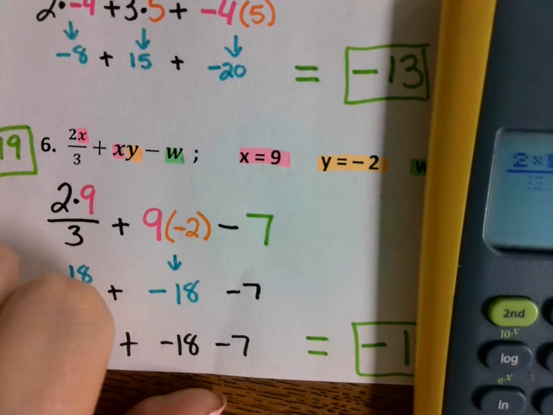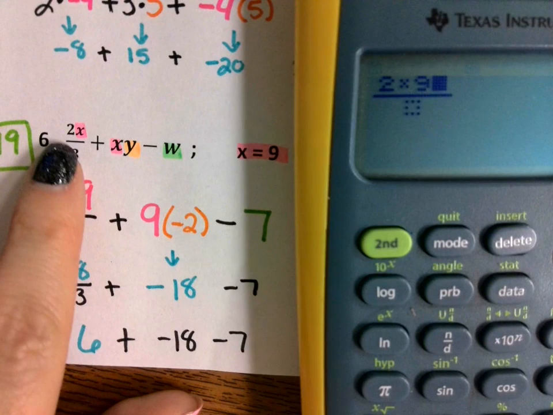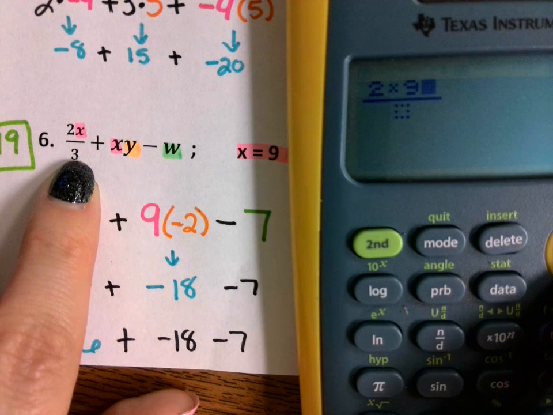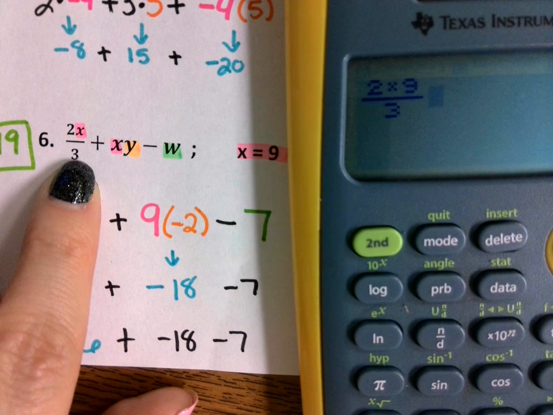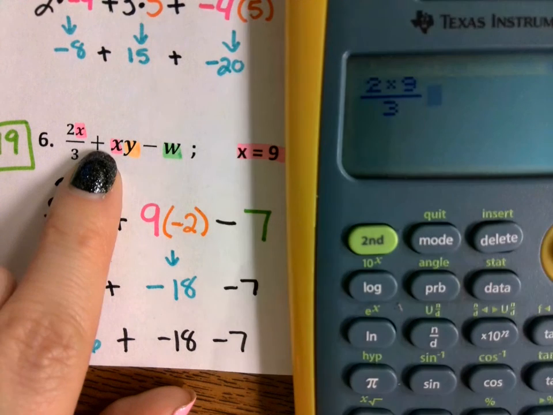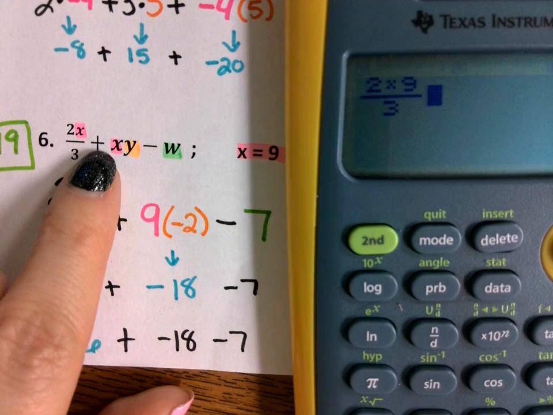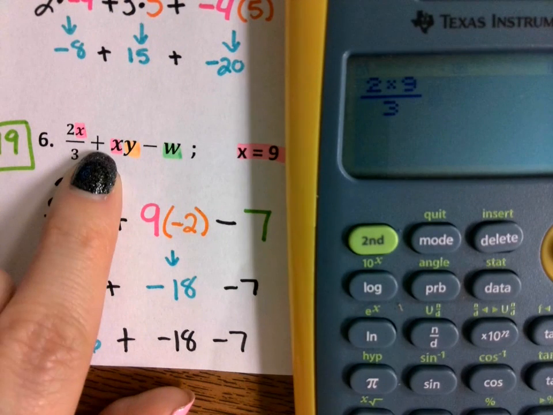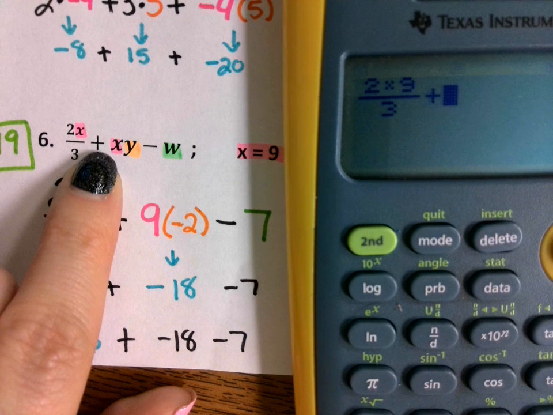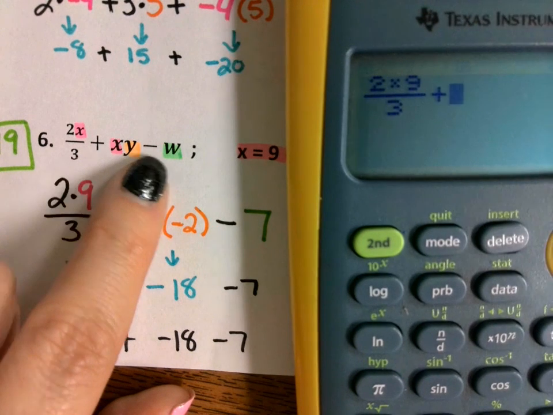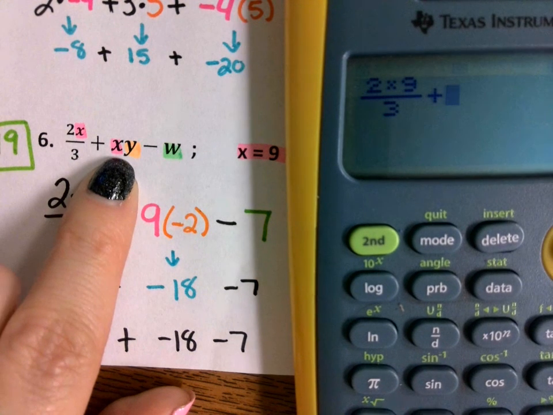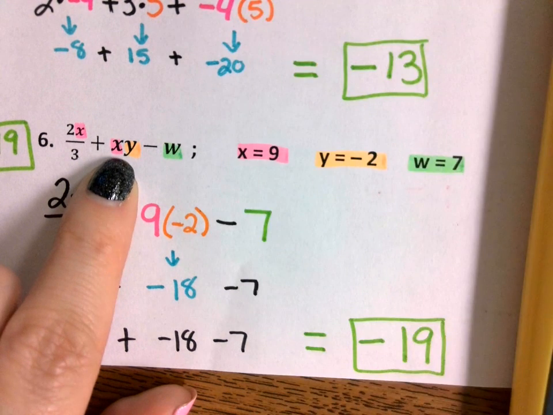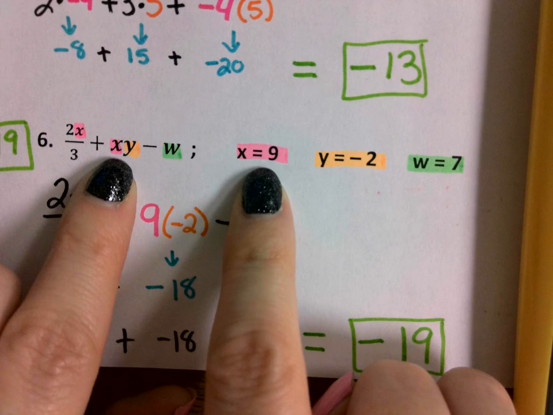Now I need to go to the bottom of my fraction, and I'm going to type a 3. Get out of my fraction. I'm going to put what? What operation is that, Nala? Plus. Okay, instead of x times y, what's the x? 9.